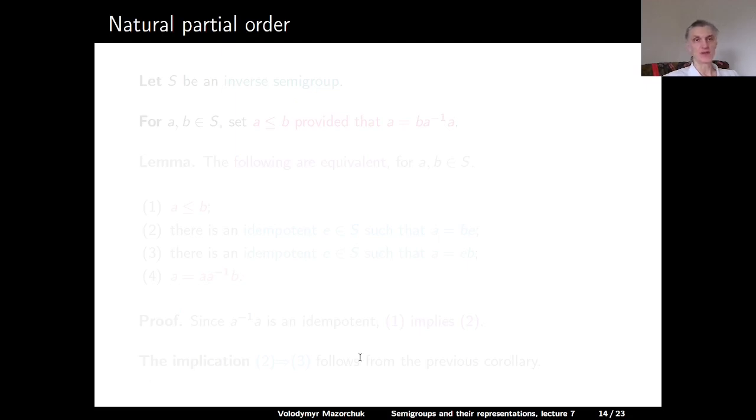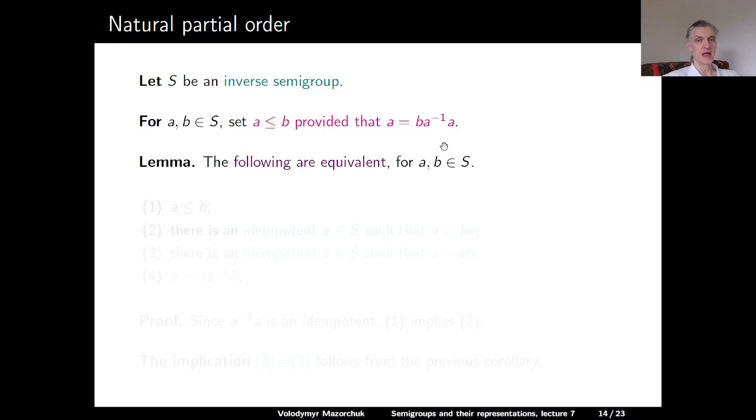Now we can define the so-called natural partial order on an inverse semigroup. Let S be an inverse semigroup. For two elements A and B in S, we define A to be less than or equal to B, provided that A is equal to B times A inverse A. Lemma: the following conditions are equivalent for two elements A and B in S. Condition 1, A is less than or equal to B. Condition 2, there is an idempotent E in S such that A is equal to BE.